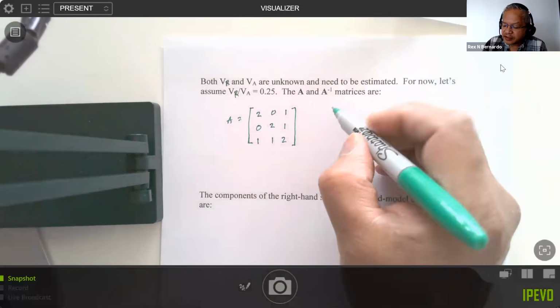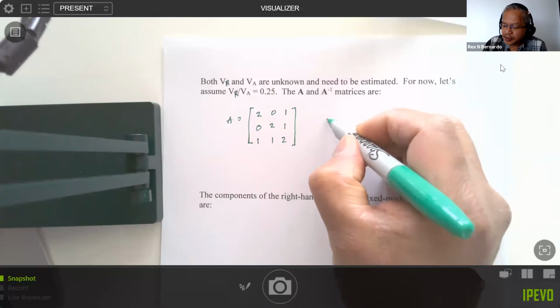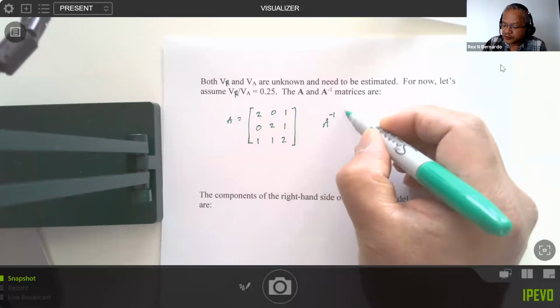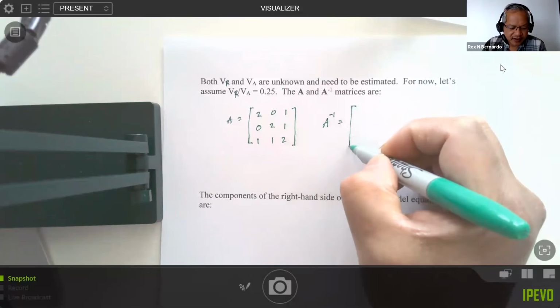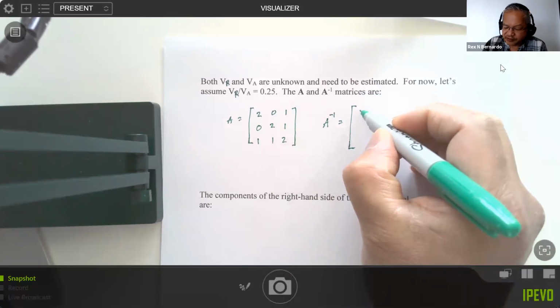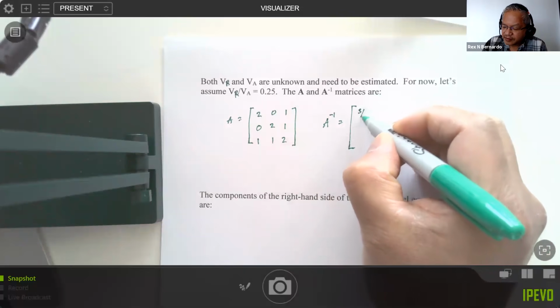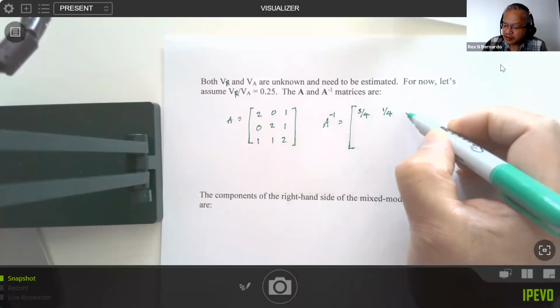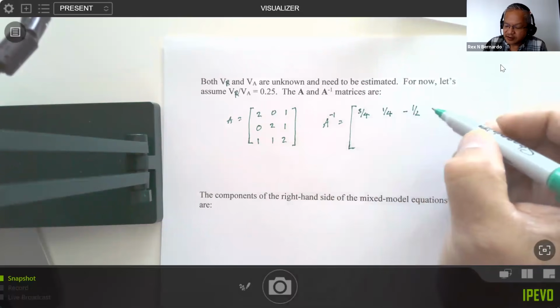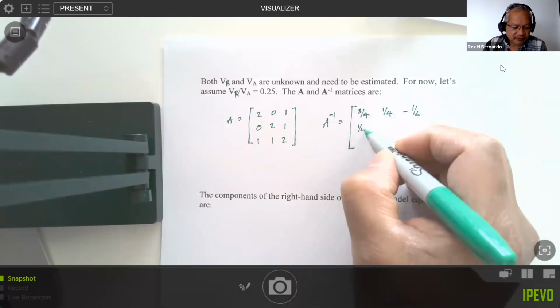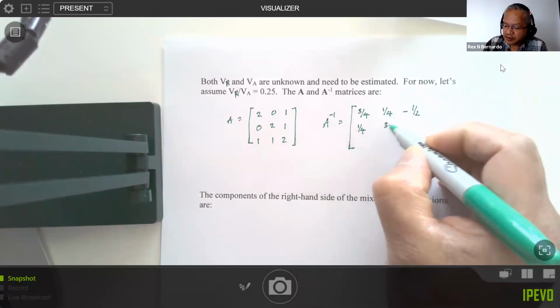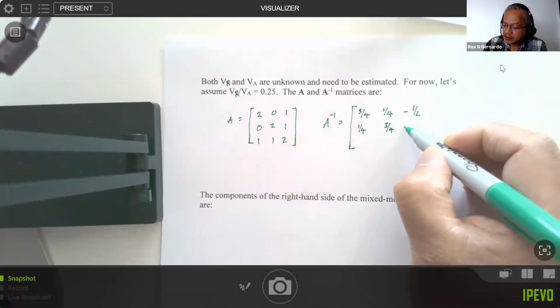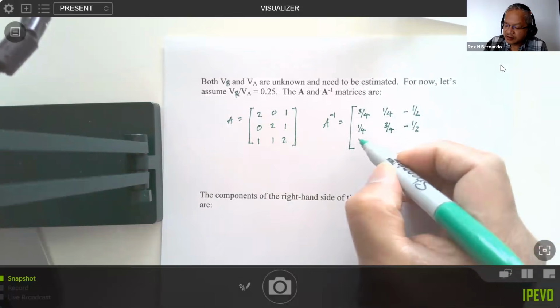If you obtain the inverse of this one, A inverse, I'm just going to write it down. I used a computer program to do this. That's 3/4, 1/4, minus 1/2, 1/4, 3/4, minus 1/2.